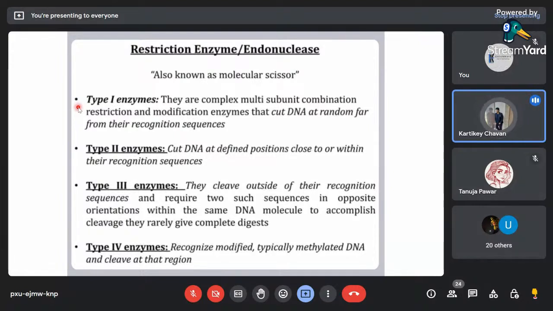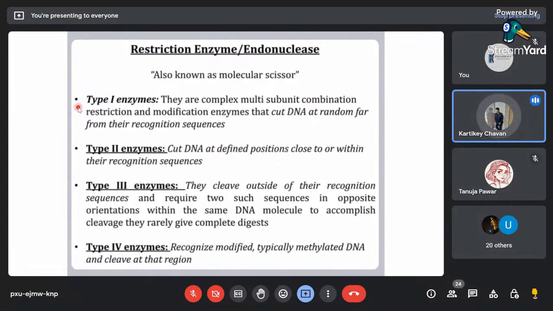There are specific sites, recognition sequences, where the cuts have to be made, but type 1 enzymes make the cut far away from the recognition sequences.